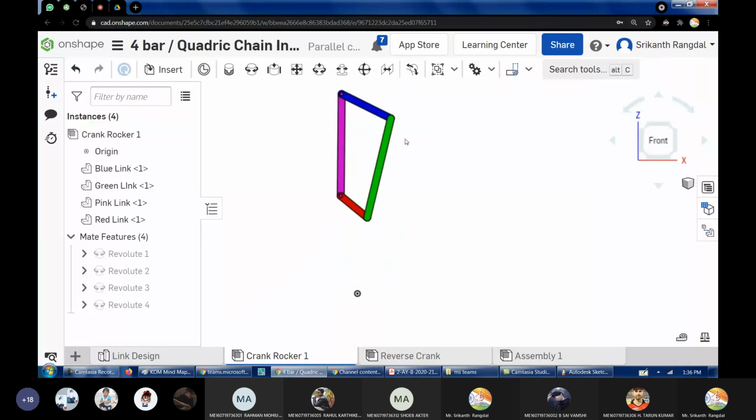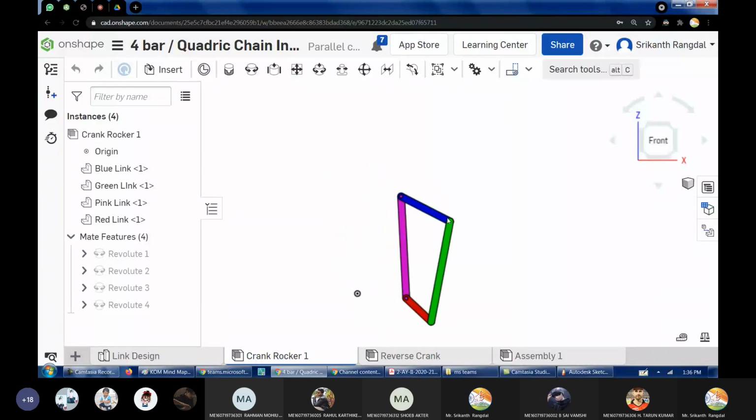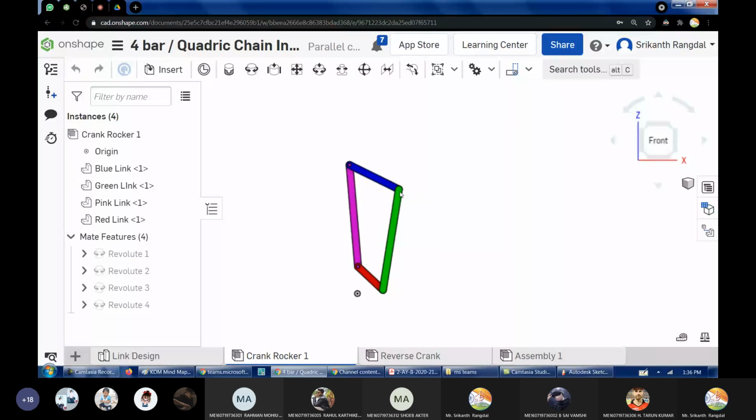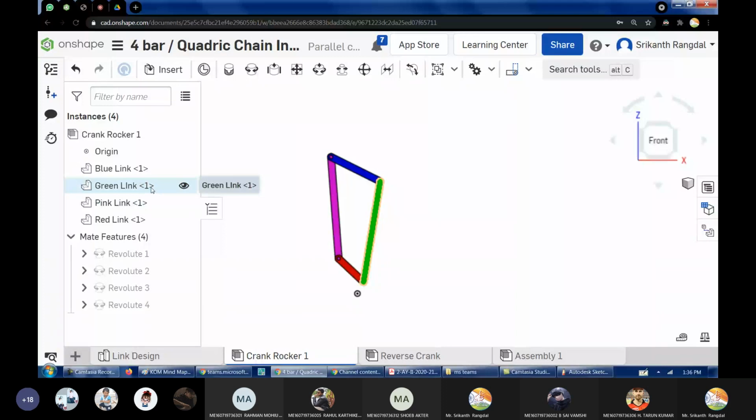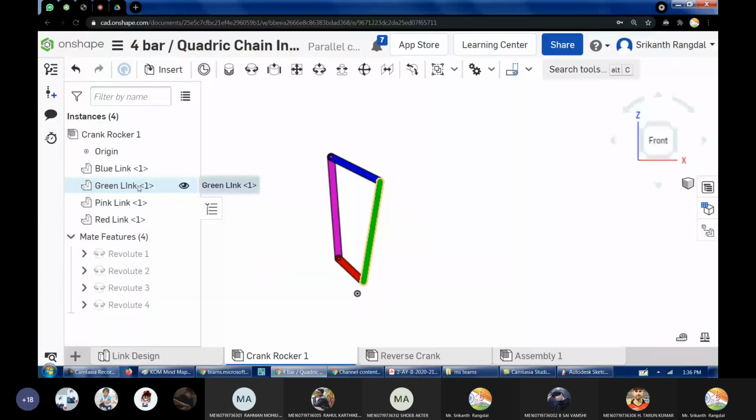Even though definite motion is possible with this, because none of the links are fixed, we will not be able to transmit the motion successfully. So if we want to do that, we have to fix one of the links. Let me choose this green link and fix it.